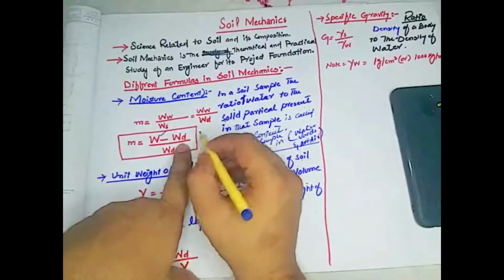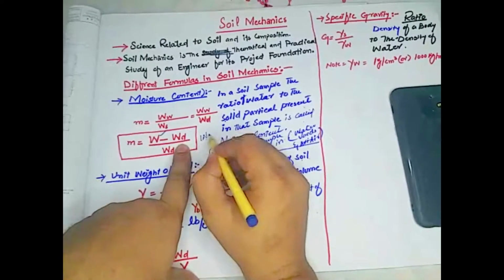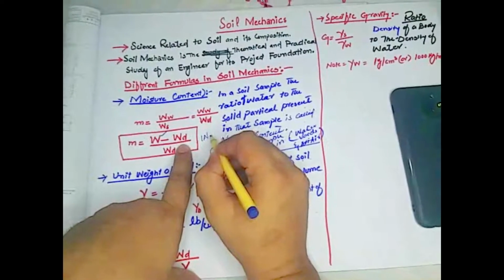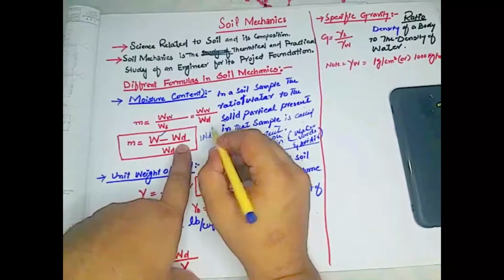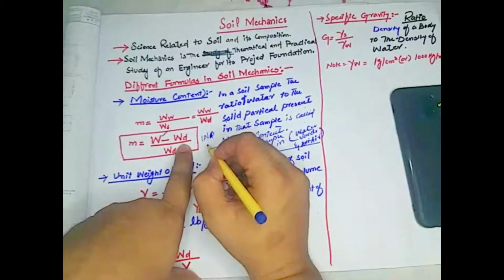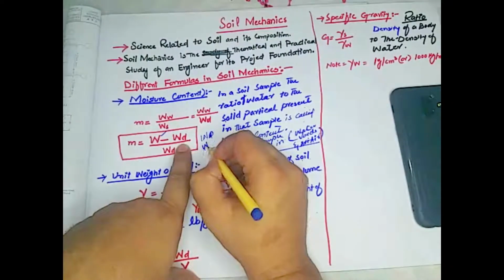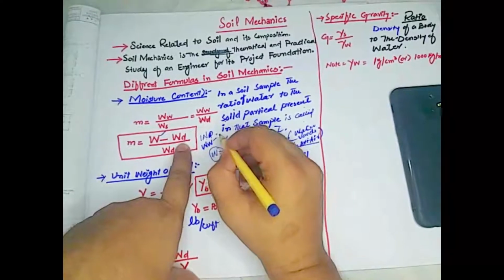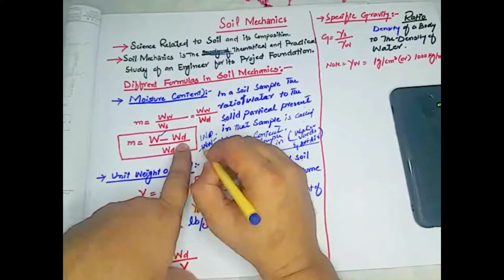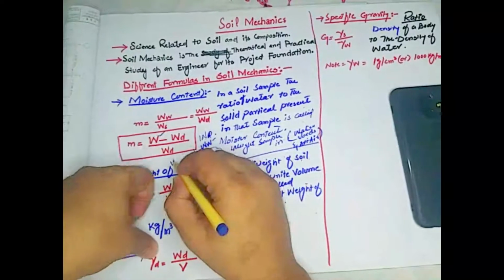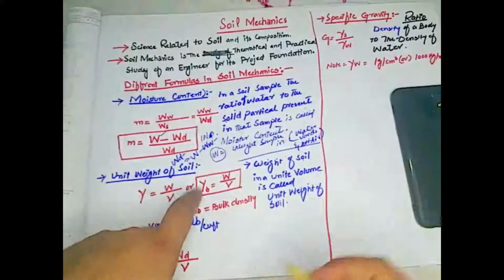And the weight of a soil sample after excluding the weight of water, that is, total weight minus weight of water, is equal to WD.